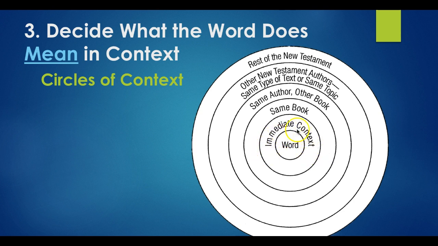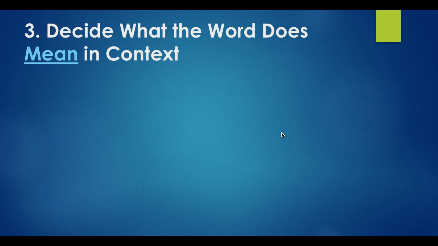Well, at some point, you might move from the paragraph to maybe another chapter in the same book because that author is using it in a particular way. Well, maybe it's not in the same book. Maybe it's in another book by a different author. But notice that changes the context a little bit because it's a different person. Usually, we're going to stay within the same book and within the same author. But sometimes you'll have to move outside.